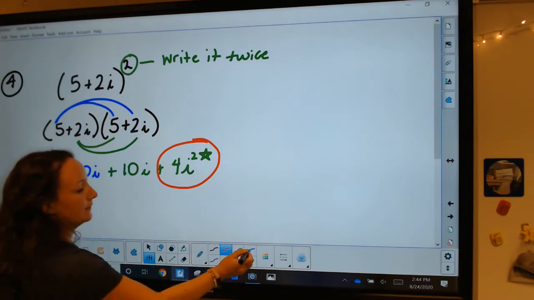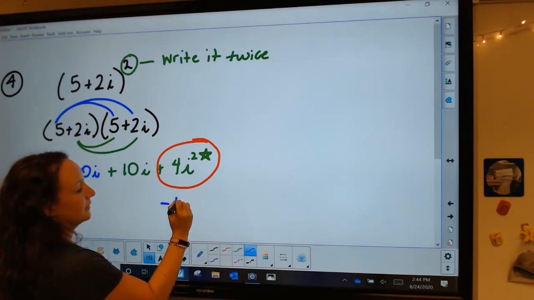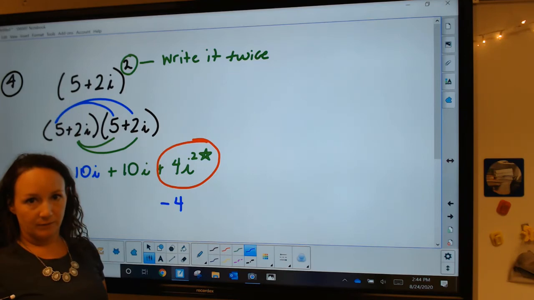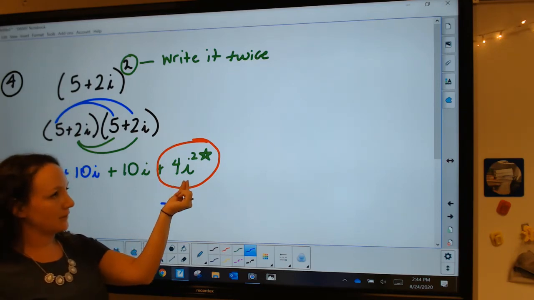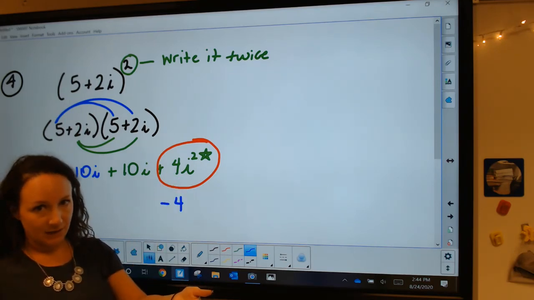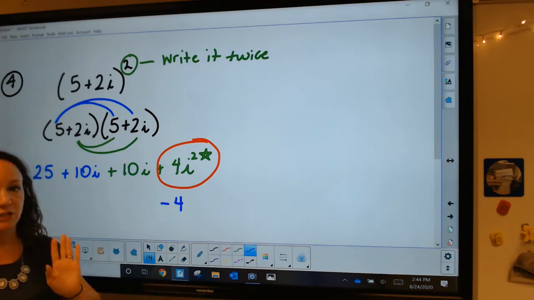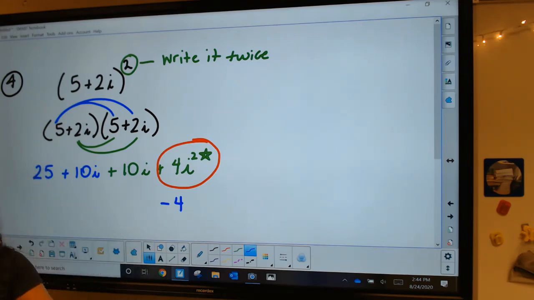So what happens is this just becomes negative 4. Because positive 4 times negative 1 becomes negative 4. So what happens is the sign changes and i goes away, disappears. Kind of the 4 absorbs it. I'm going to bring down my other like terms.